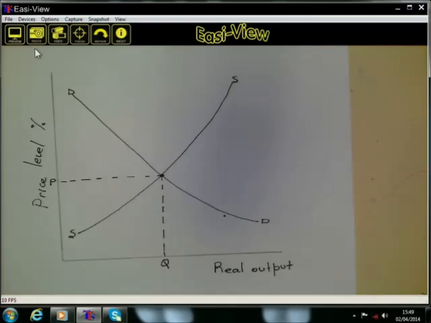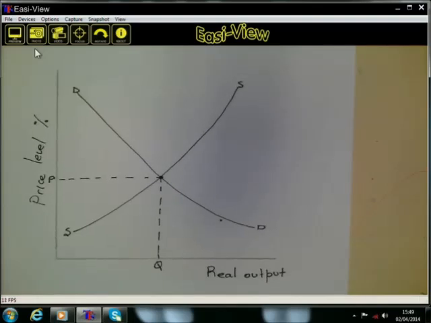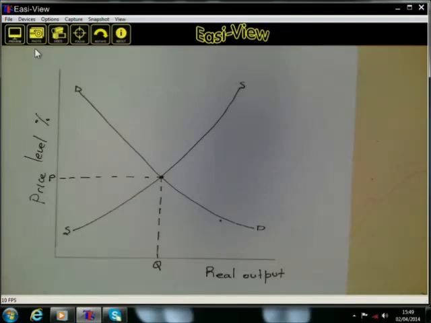Alright then. So back to business. Now look at this. If the households have an increase in wages, then because of the increase in wages, our disposable income increases.